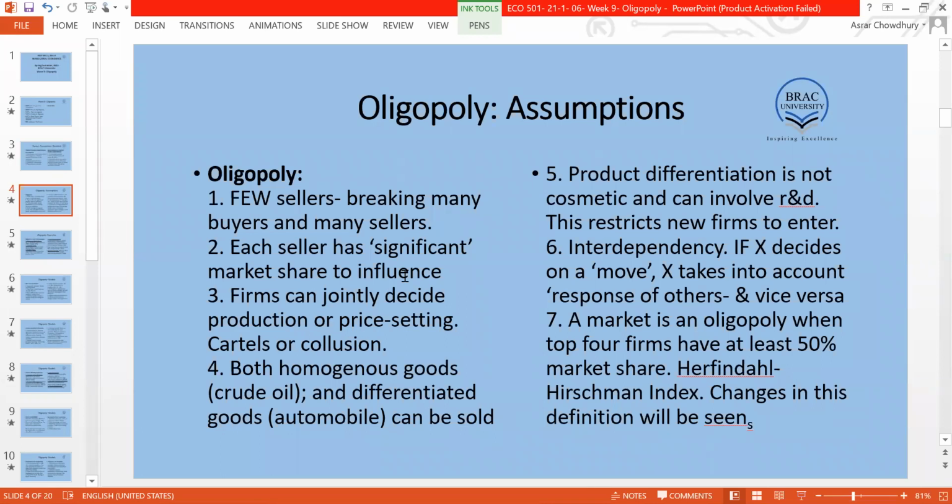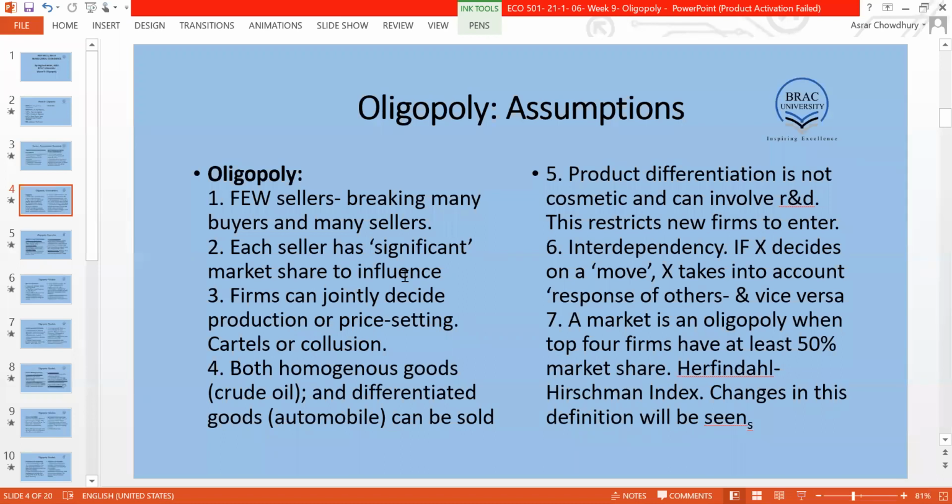If that is the case, then the total market share becomes 50% for that merger. So because each firm has a dominant market share, they can influence the market through collusion. Later on, we're going to use the words cartel, collusion, and lots of other terms. But for the time being, we just know that because of market share, they can collude.